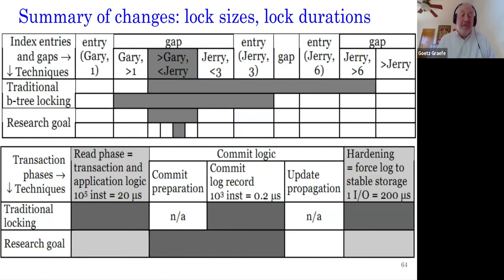I can play the same game within a single largish server. Of course, that only really pays if my transactions are of substantial size. If my transactions are debit-credit transactions, you know, move $50 from this account to that account, probably there is limited opportunity for parallelism within that one transaction.